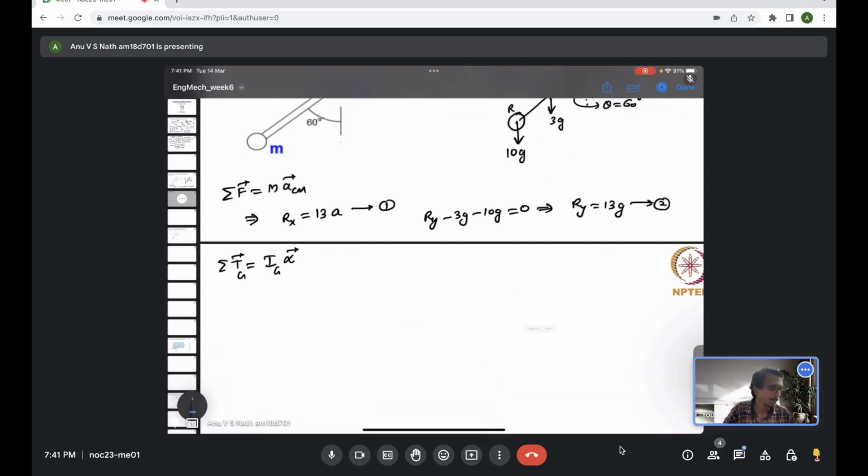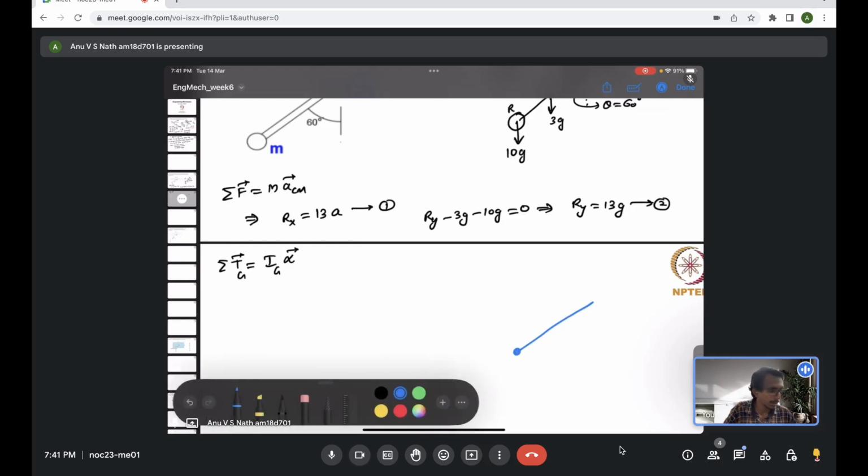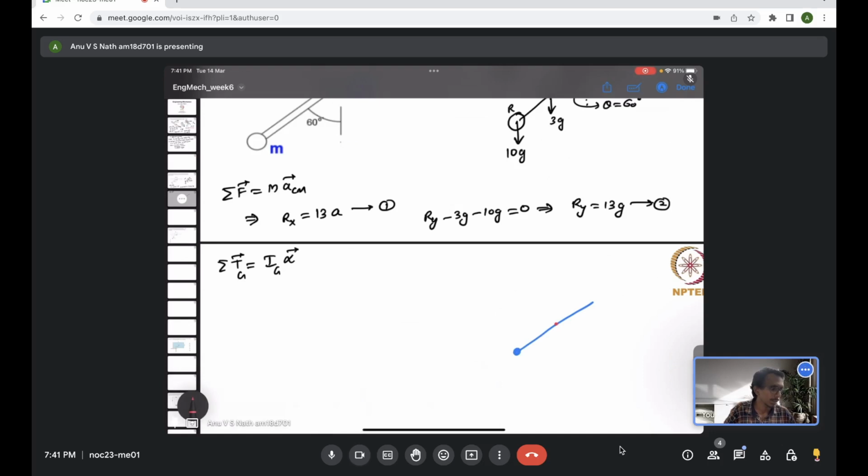So we have the system. Now I'll denote the center of mass of each of the particles. The rod has its center of mass at its center, and the bob has it at its center.